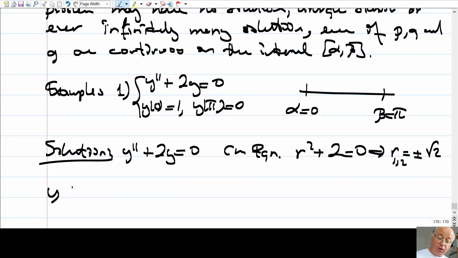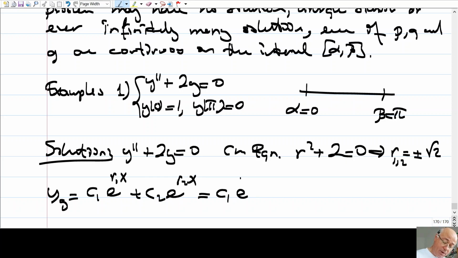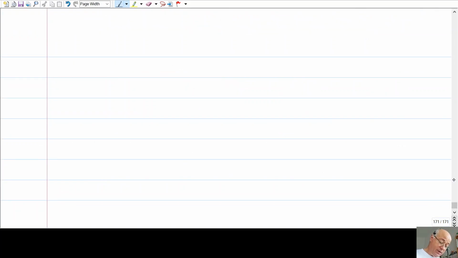So the general solution of this equation is what? It is homogeneous, so it is just c1 times y1, which is e to the power r1x, plus c2 times e to the power r2x. So it is just c1 cosine root 2 x plus c2 sine root 2 x. And then we do what?